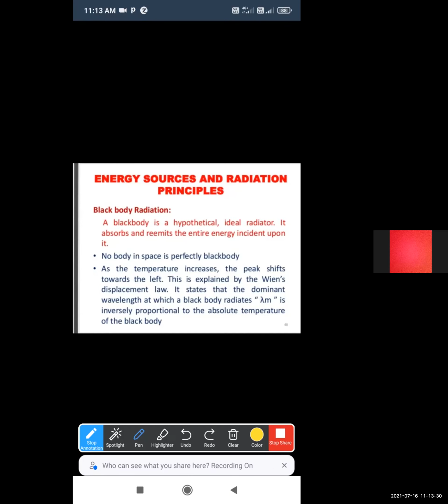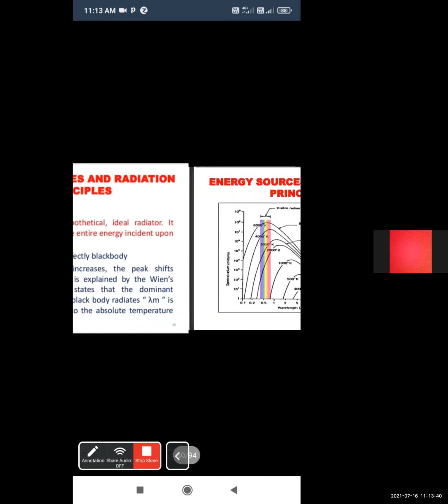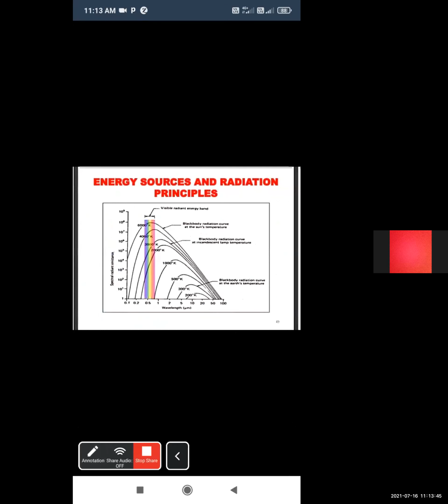But this is not possible, because some energy always remains in the body. So that concept is only ideal.